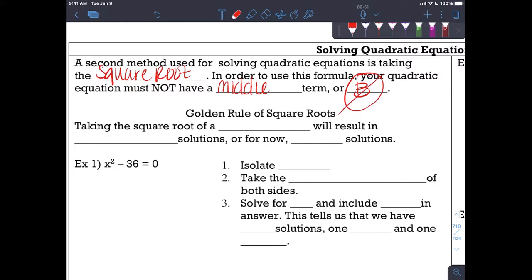Taking the square root of a negative will result in imaginary numbers. And for now, we call that no solutions. Okay?